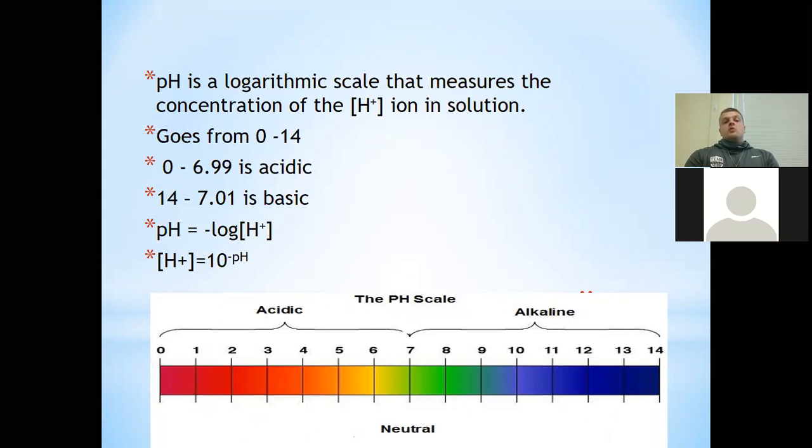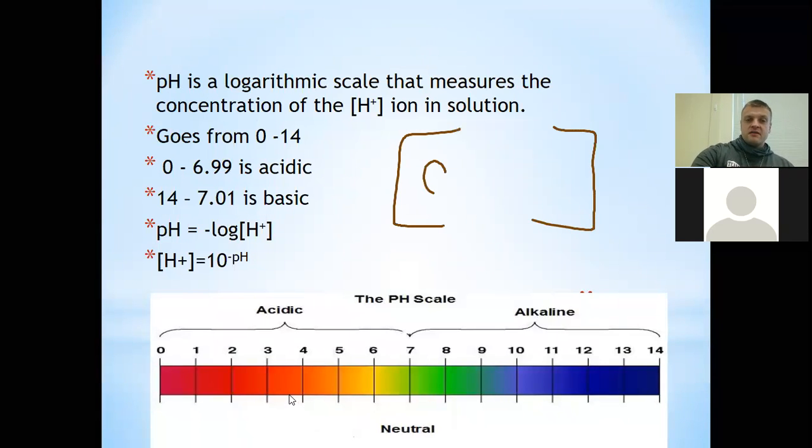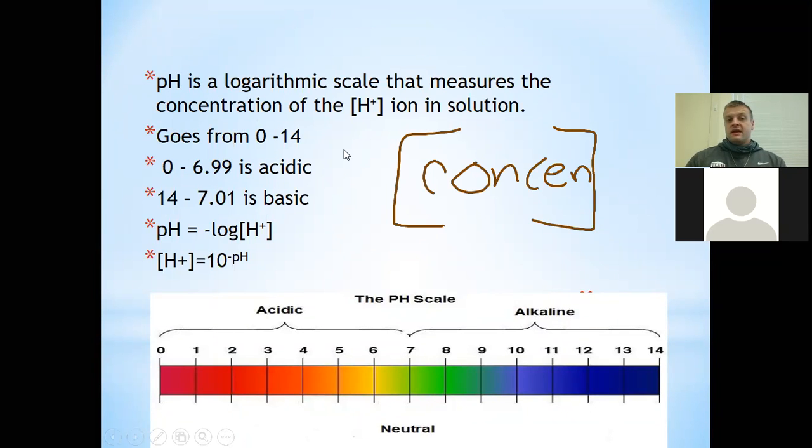So what you're going to see is that pH is the negative log of the concentration of hydrogen ions, okay? And I talked about it a little bit, but what this means is concentration, okay? Brackets means concentration, all right? And so the other thing you'll be able to see is that the concentration of hydrogen is 10 to the negative pH power.